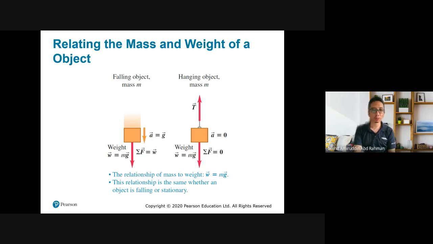For the hanging object, we have the tension there. The net force will be 0 because the object is not moving. So this relationship is the same whether an object is falling or stationary.